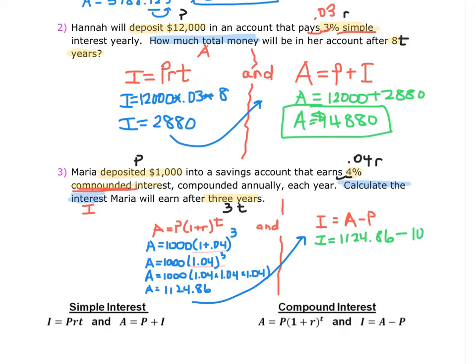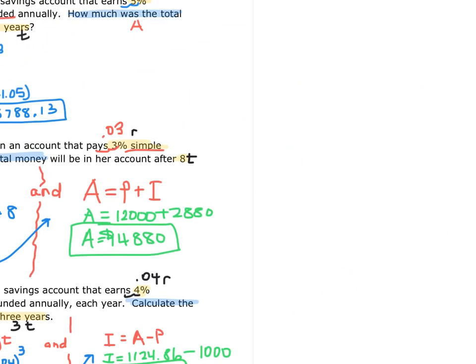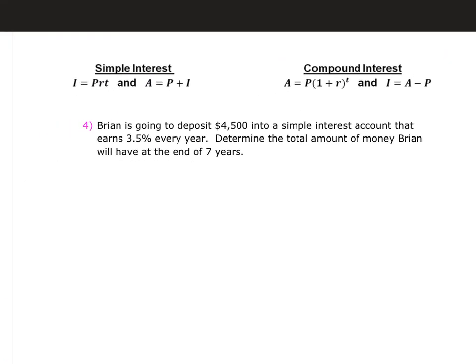So subtract the 1,000, which was the principal, and the extra interest amount is $124.86 for Maria. So having her money in the account for the 3 years, she earned an extra $124.86.